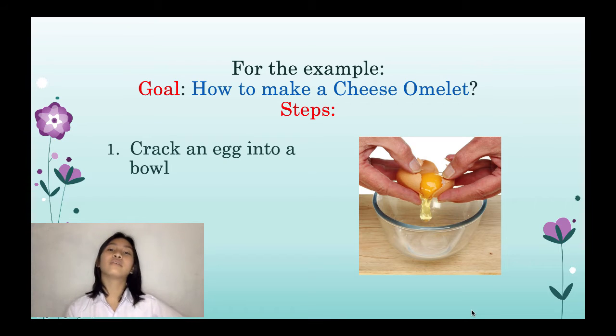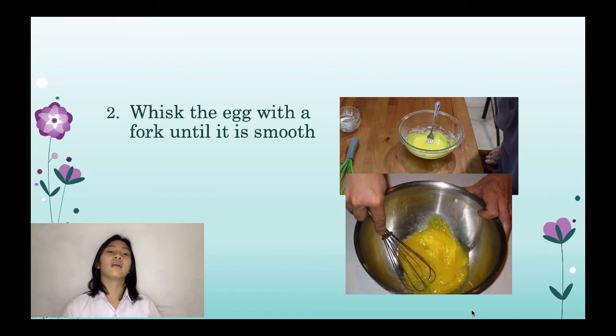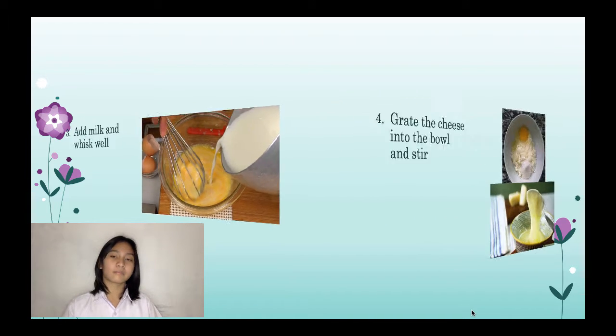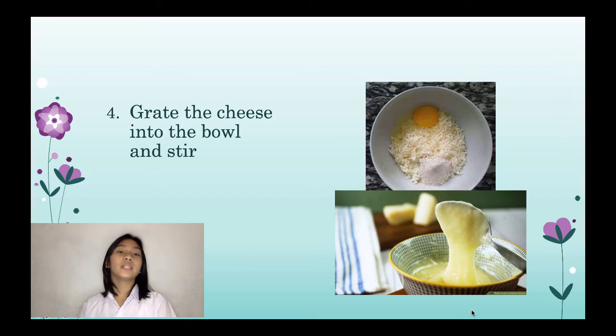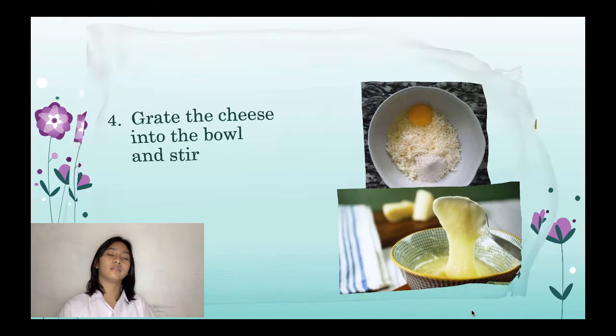The goal is how to make a cheese omelette. The steps are: First, crack an egg into a bowl. Second, whisk the egg with a fork until it is smooth. Third, add milk and whisk well. Fourth, grate the cheese into the bowl and stir.